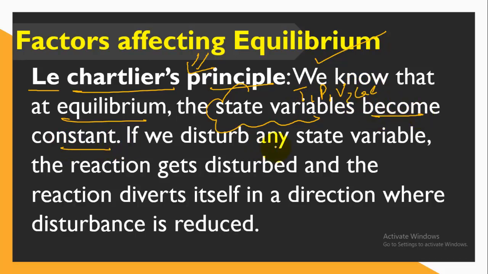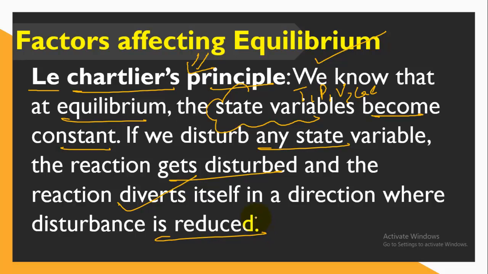If we disturb any state variable, like increasing or decreasing the temperature, pressure, or volume, the reaction will get disturbed, and it will divert itself in a direction where the stress can be reduced, so that the reaction can proceed smoothly.